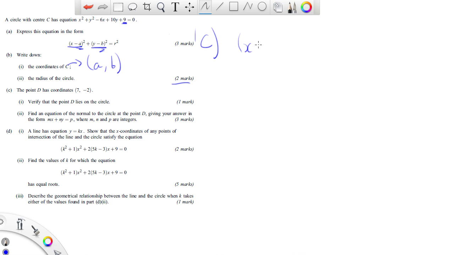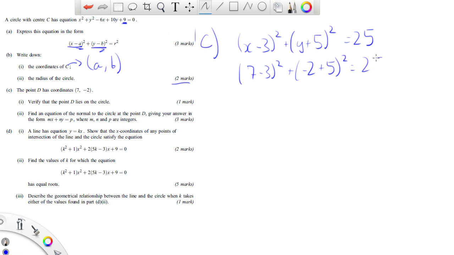So again, this is x minus 3 squared plus y plus 5 squared is equal to 25. And we're just going to substitute in the 7 for x, so 7 minus 3 squared plus -2 plus 5 squared. If this works out, then this is going to be 25. So 7 minus 3 is 4, 4 squared is 16, -2 plus 5 is 3, 3 squared is 9, and that equals 25 for sure.